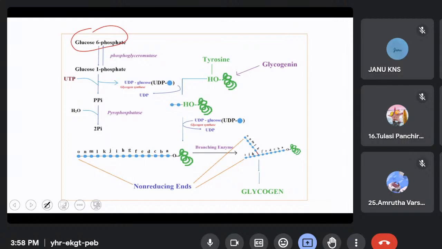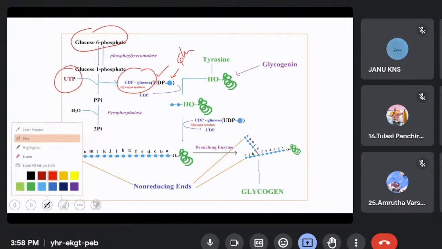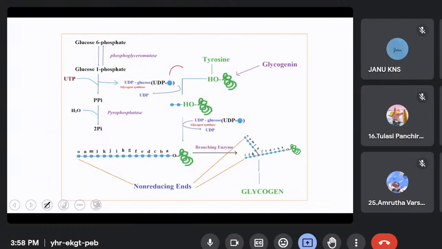Rather, it is converted into uridine diphosphate glucose with the help of UTP. Here, this blue color is nothing but the glucose residue. Uridine diphosphate glucose is said to be produced. Okay, and this uridine diphosphate glucose is responsible for donating these glucose residues during the elongation and branching of the glycogen.